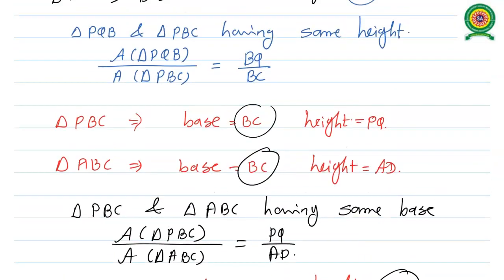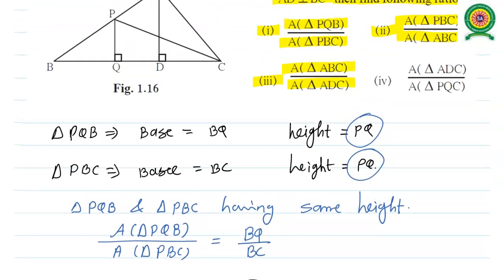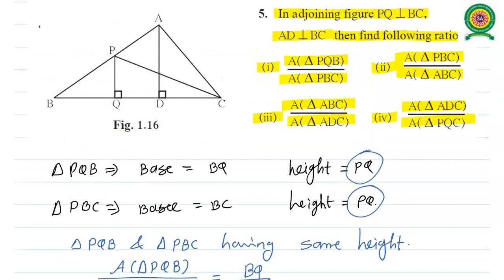Look at the next sub question now. We have sub question 4. Find the ratio of the area of triangle ADC and triangle PQC. As per the third sub question, we already have the base and height of triangle ADC. Now what about PQC? Look at the triangle PQC. PQ is the perpendicular drawn on CQ. So CQ is the base and PQ itself is the height.